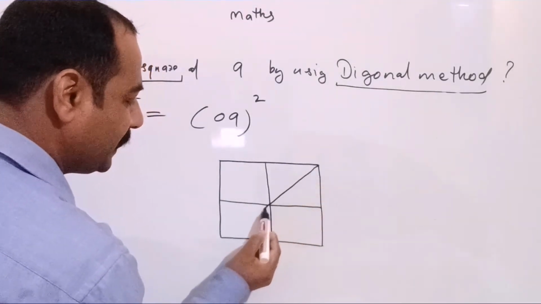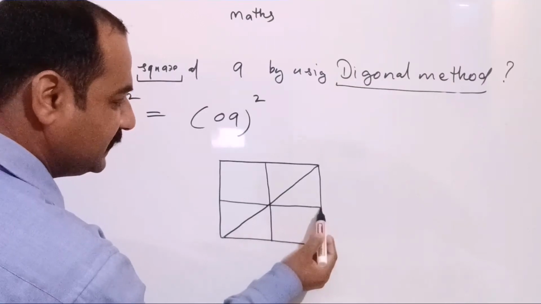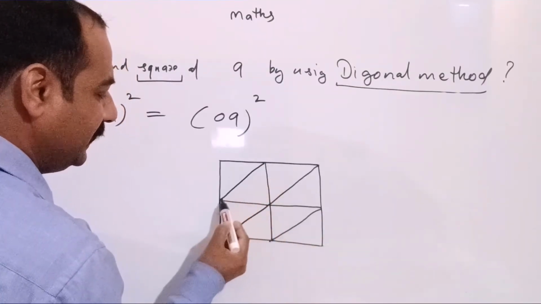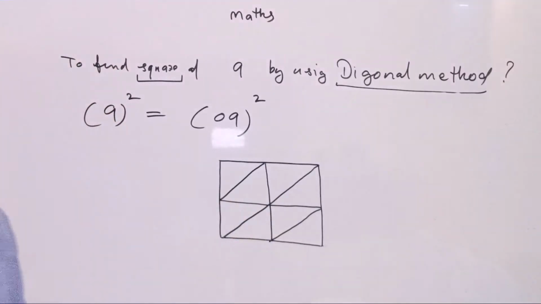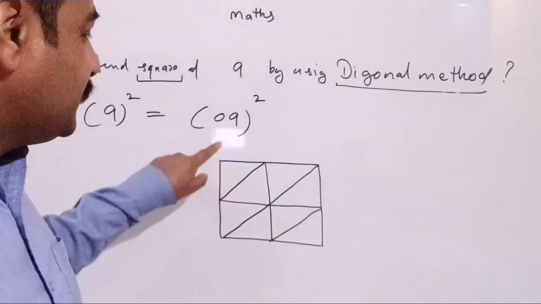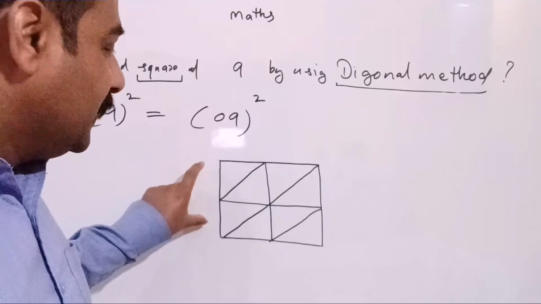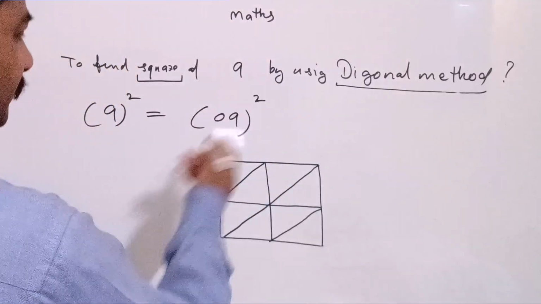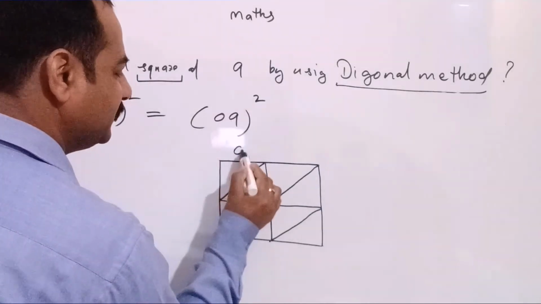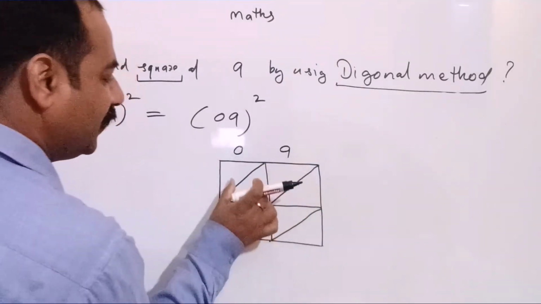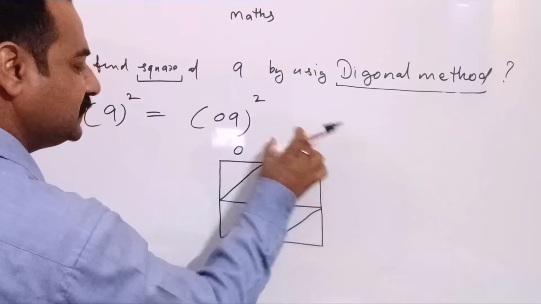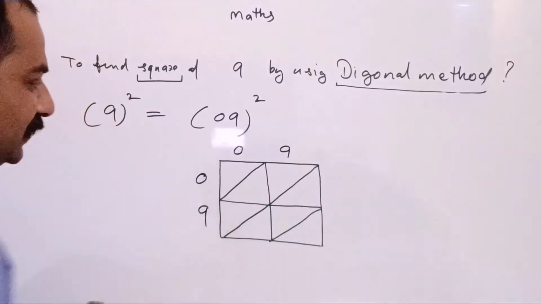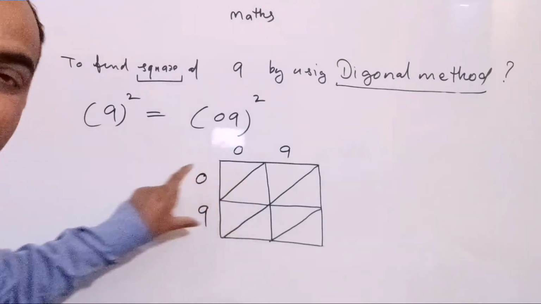So this is the first diagonal, this one, and this is the next. Now guys, we have to substitute the values horizontally and vertically. So this is 0, 9 on the top of these two boxes and 0, 9 in front of these two boxes.